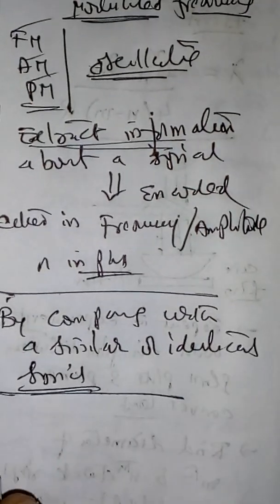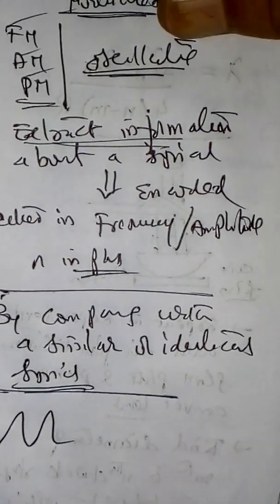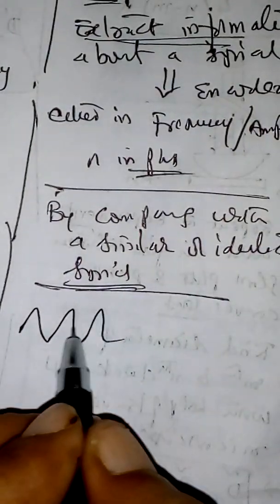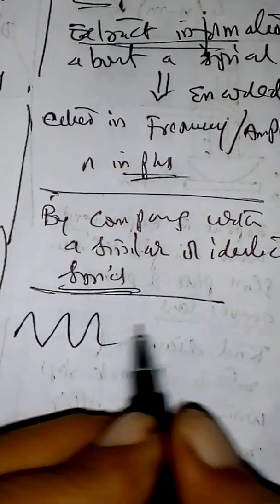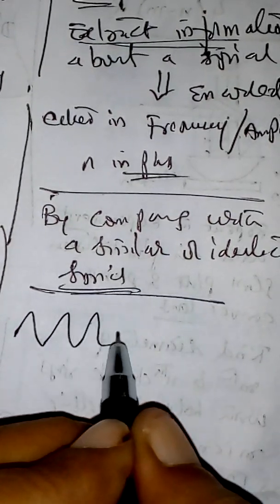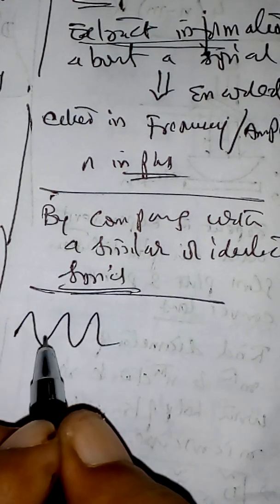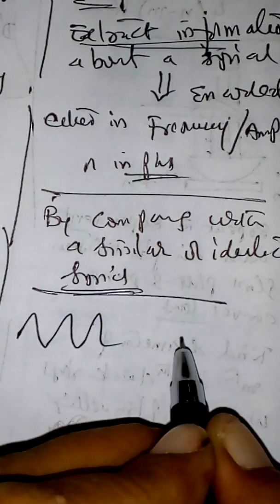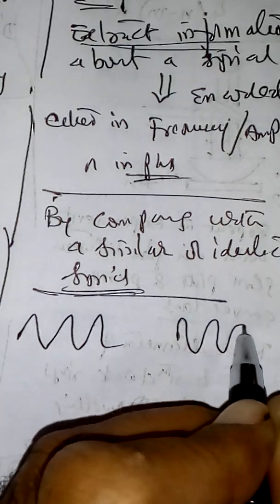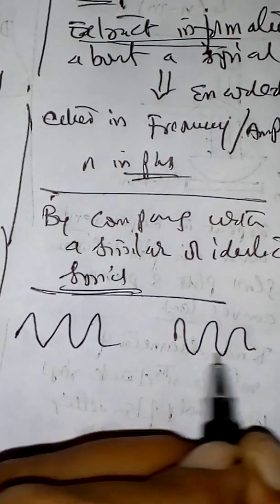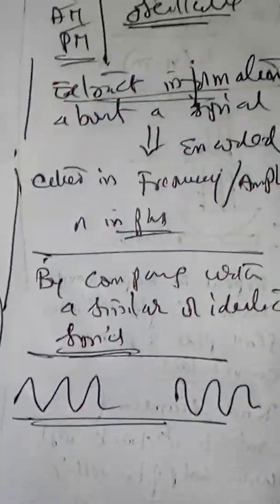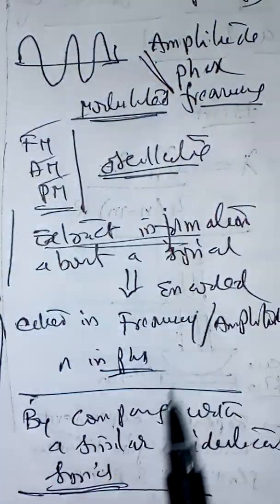That means I have a signal here. I want to know about the characteristics of this wave or signal. It is oscillating. Its information is encoded in its phase, in its frequency, in its amplitude. So by comparing with a similar identical wave in signal processing, that is what is termed as homodyne. Right?